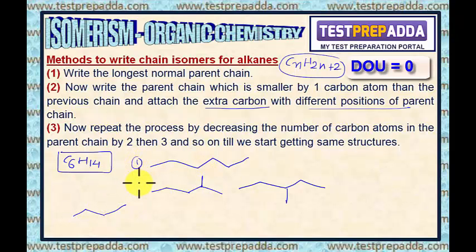First we write the number of carbon atoms in the parent chain as 6, then 5, then 4. Now how many carbon atoms extra? 2. Those 2 extra carbon atoms you can write in form of ethyl, in form of methyl, but make sure those cases should not be common with these cases.